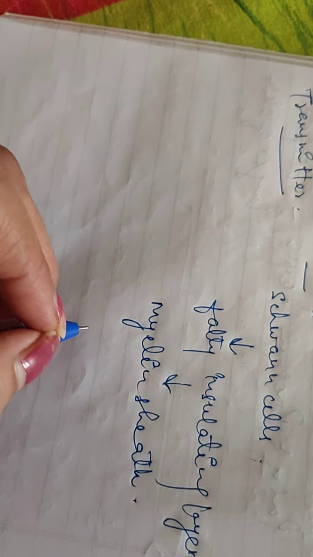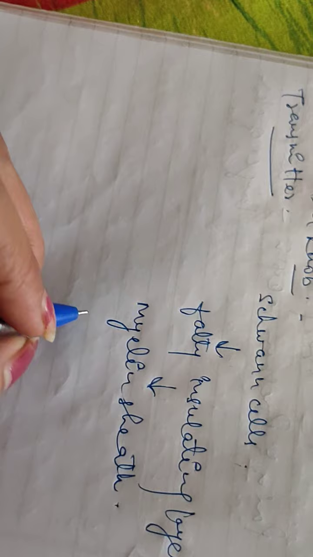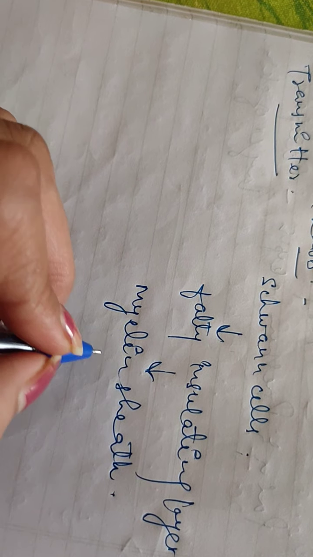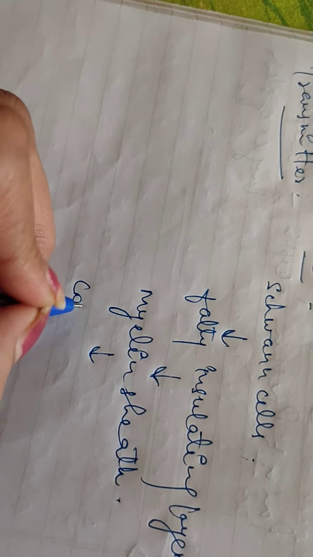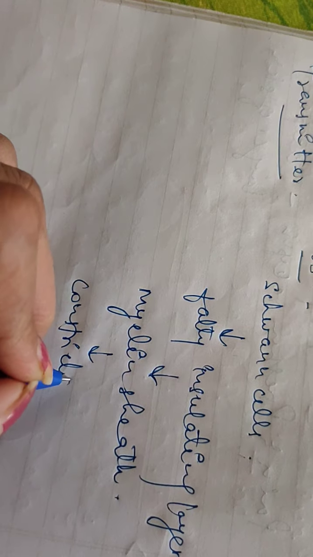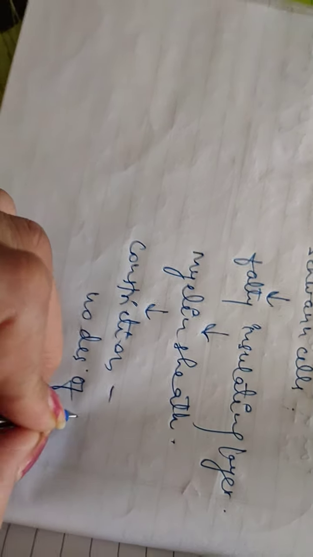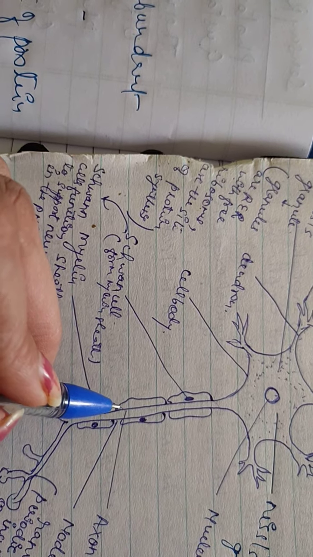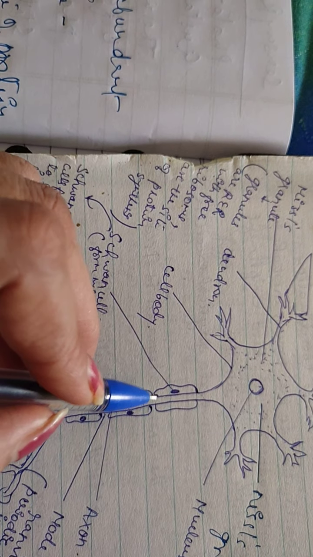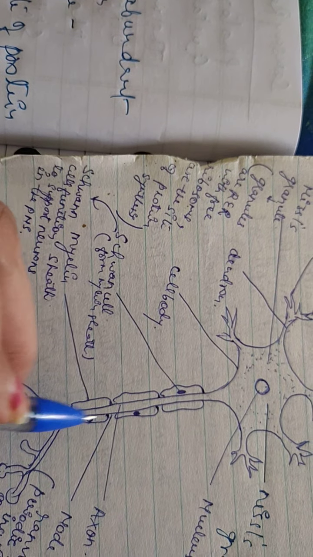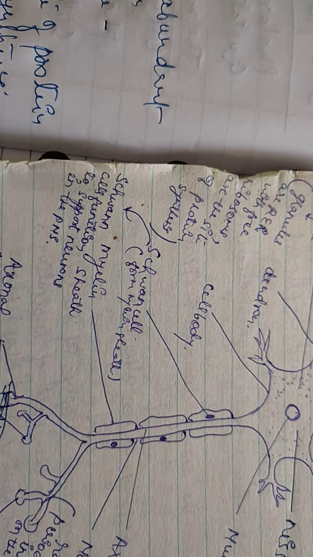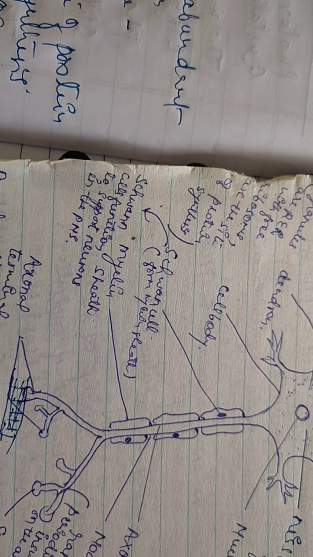The sheath is constricted at intervals along its length, and this constricted part is called the nodes of Ranvier. You can see here this part where the constriction is present, this is called the nodes of Ranvier.